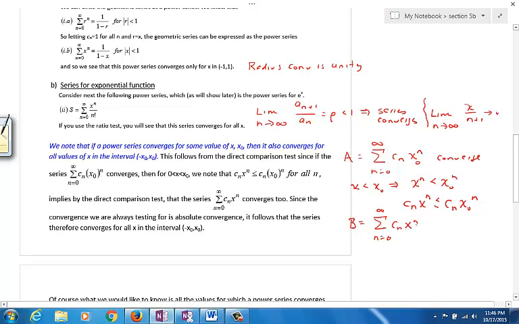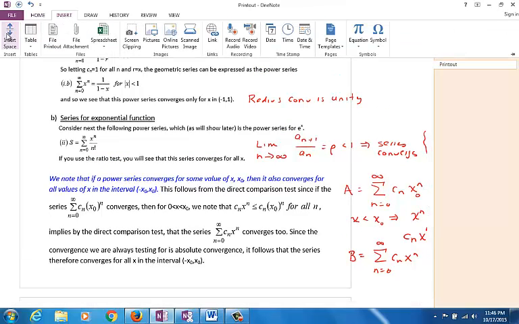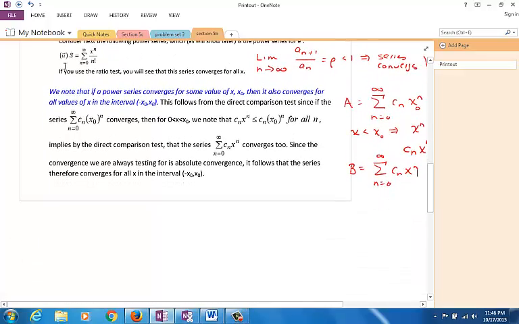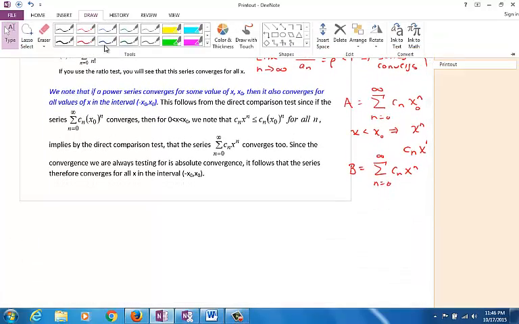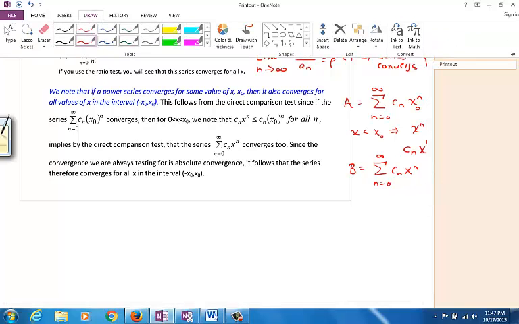Okay. Now, there's one very important thing that we should mention. This is an important result that we haven't had to use up to this point, but we're going to use now. And this is the fact that if a series converges absolutely, then it converges conditionally. So this is an important theorem.